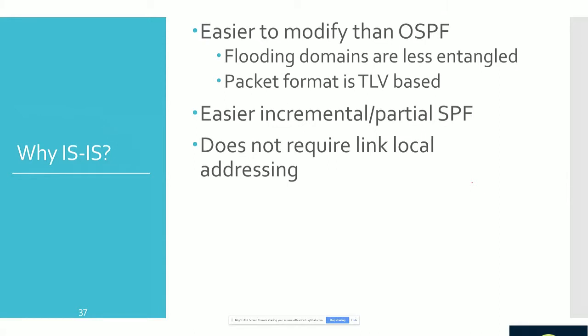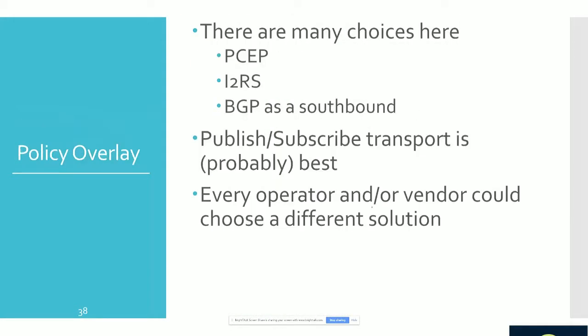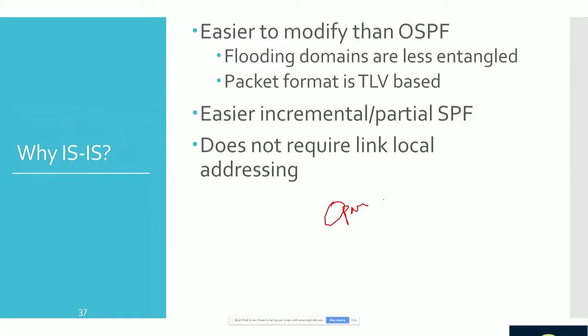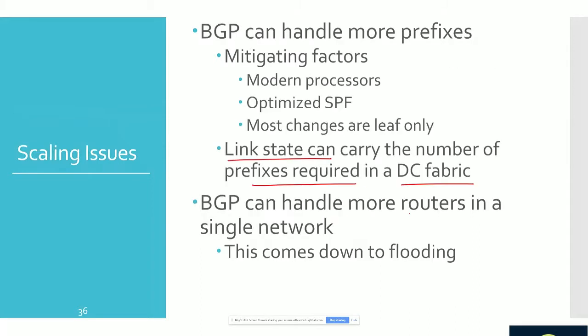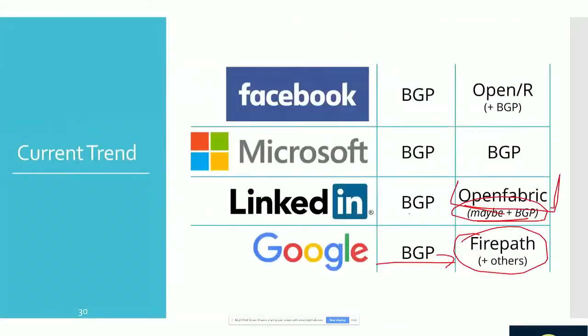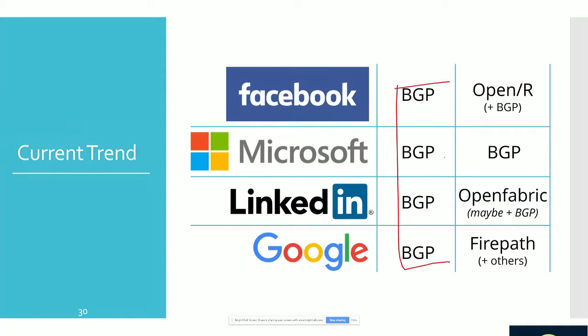So what I'm seeing here is a bunch of different things going on at this point. I have movements like Open Fabric and OpenR, all of those things I had way up in this slide. If I look way back here, these things are link state based, and they are challenging the dominance of BGP as the go-to protocol for these data center fabrics.